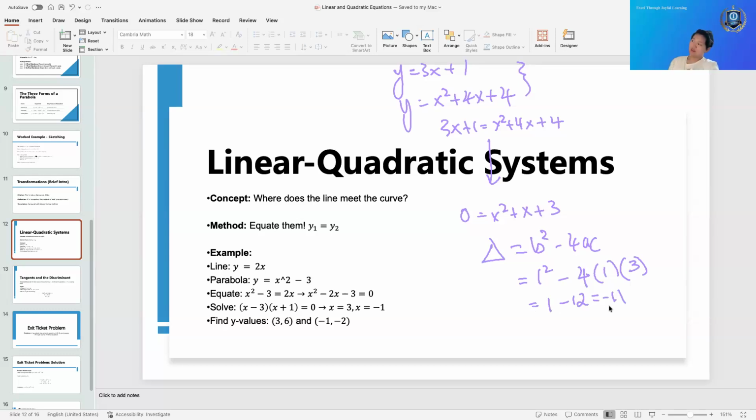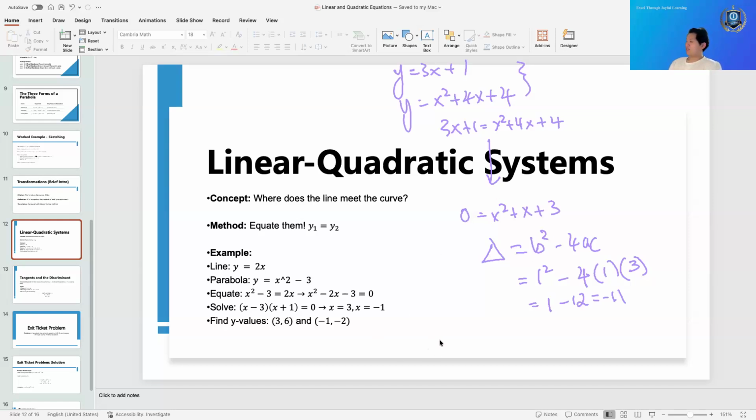So what do I know about the discriminant? It's less than 0, right? When the discriminant is less than 0, what do we know? Not 2 solutions, the other way around. When the discriminant is less than 0, there is no solution, right?